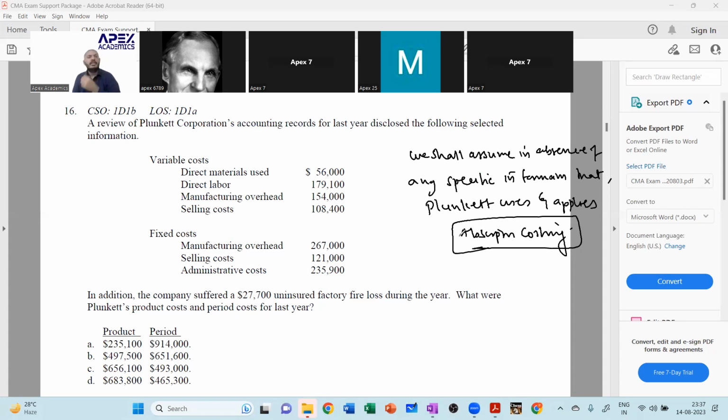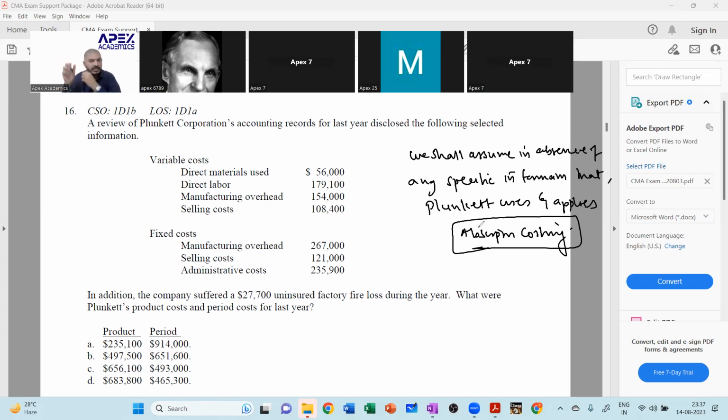Why absorption costing? Because that is the way you have to make your financial statements. Marginal costing is for internal purposes. I don't care what they do internally. There is no data here that says anything about marginal costing, so I will assume that they are using absorption costing only.